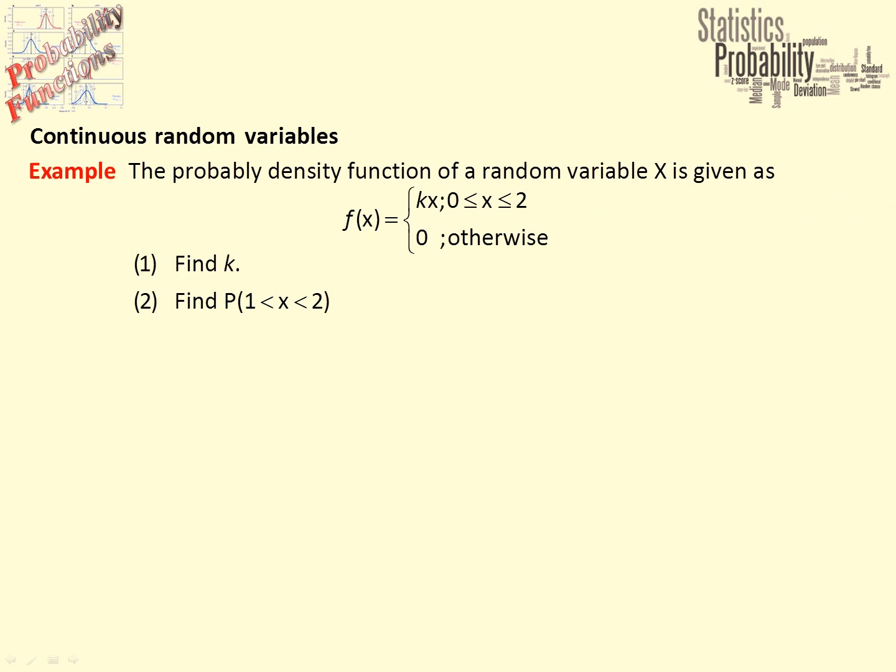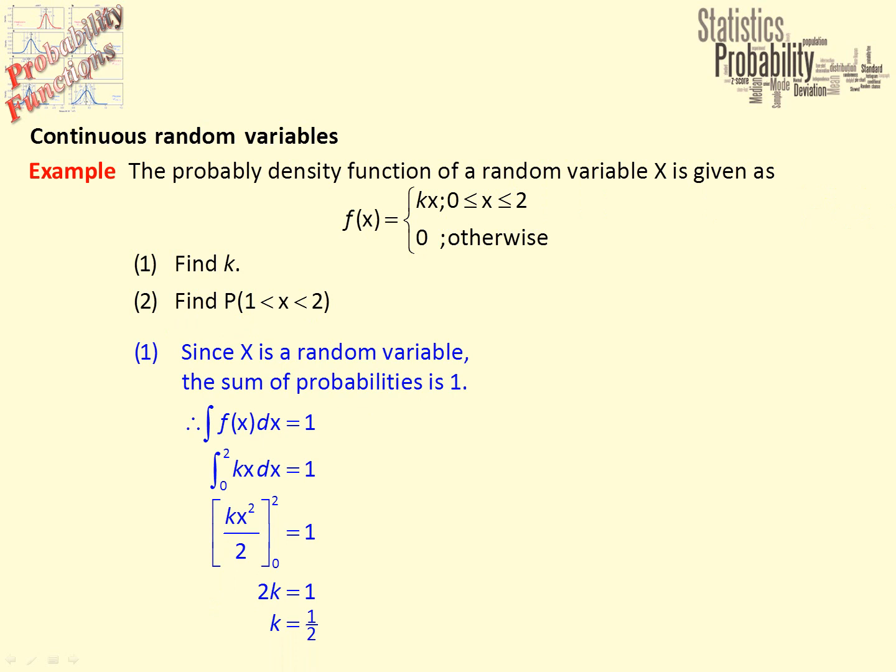And remember, we're going to use the fact that the probability is the area under a curve for continuous. Since x is a random variable, the sum of probabilities is 1. So therefore, the definite integral from 0 to 2 of kx dx must equal 1. Integrate, substitute your values and solve for k. This is done with an assumption that you've done integral calculus.